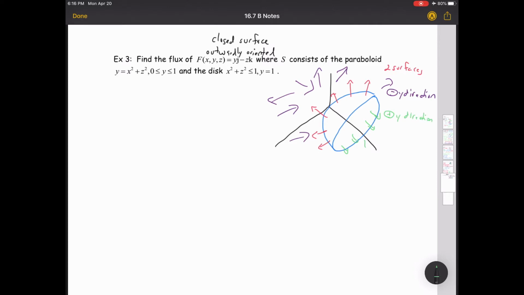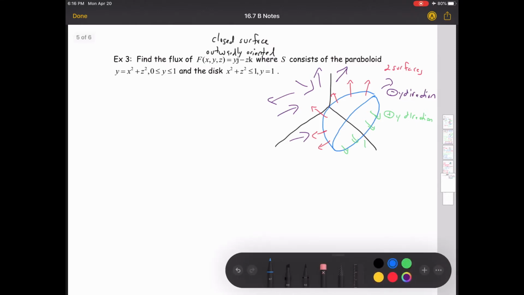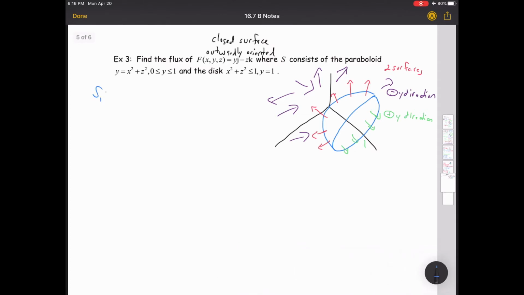So we're basically going to have to do two different surface integrals here to find the total flux. So let's see what we've got. Let's go ahead and set up the first one. We're going to have to parameterize the first surface. Let's let x equal r cosine theta. And here we're not going to let y equal r sine theta, because this thing is actually centered around y.